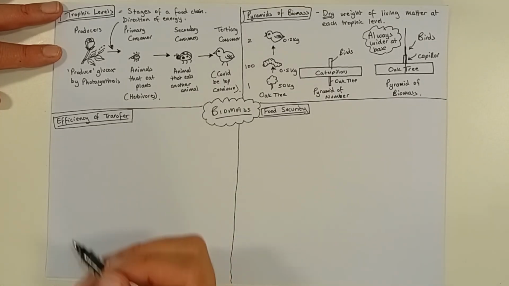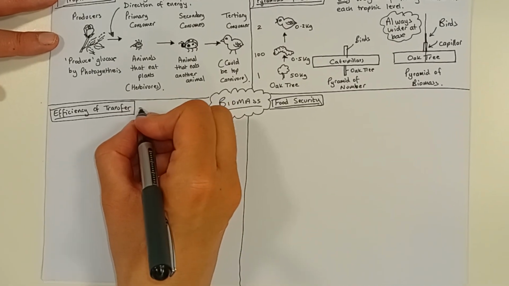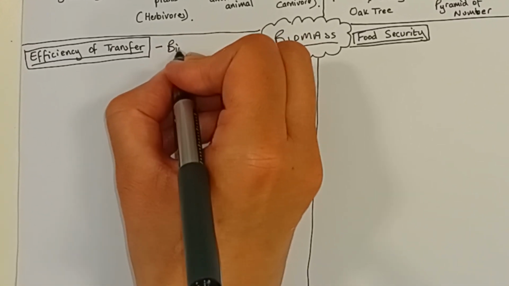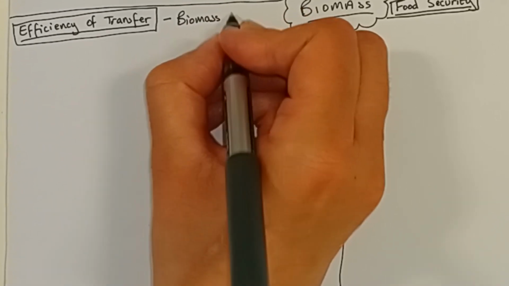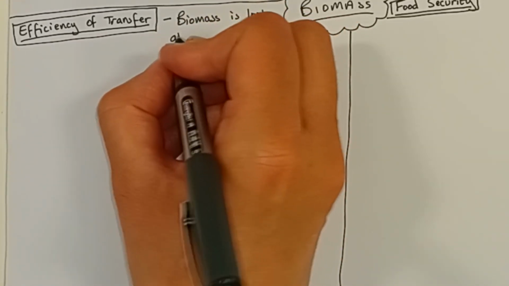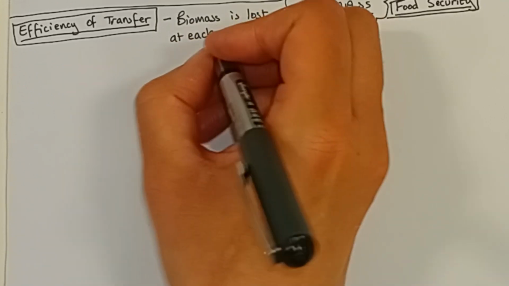Moving on to then efficiency of transfer. And this is how we explain why biomass is lost at each transfer between trophic levels. So biomass is lost at each transfer between trophic levels.